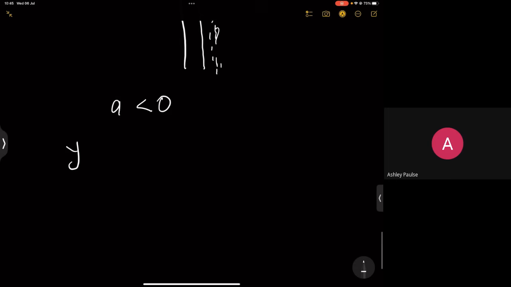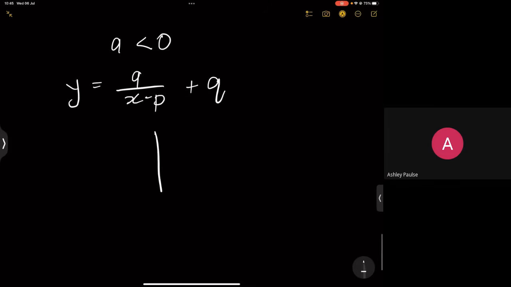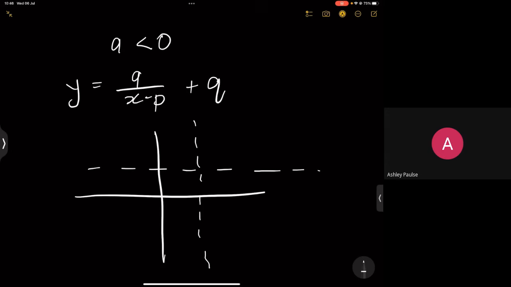But notice when our a value is less than 0, once again, you've got y is equal to a over x minus p, plus q. In that case, here's our x and y intercept. But remember, you have your asymptotes, which are the lines that the graph never touches.